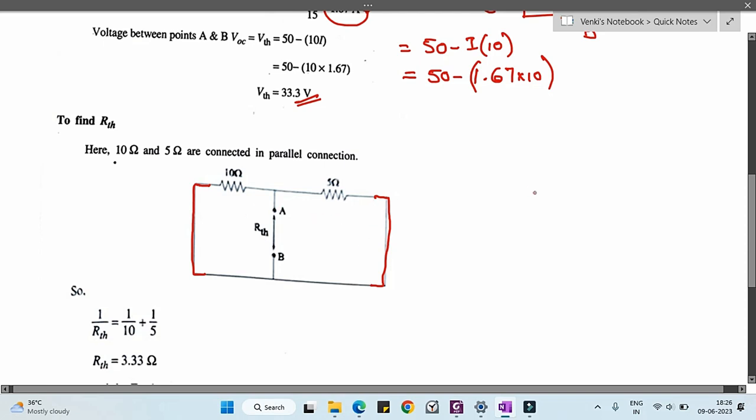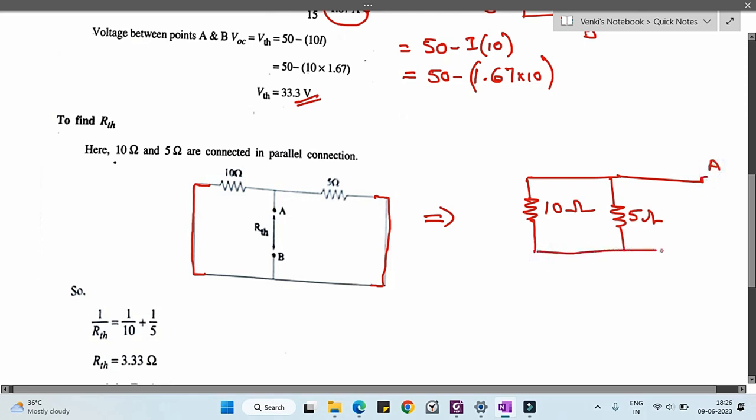Now if you see here, I can redraw this circuit as: this is the 10 ohms, and this resistance also I am going to draw at this place. This will be the 5 ohms. So this is the A terminal and this is the B terminal. Now here I need to calculate the R Thevenin value.